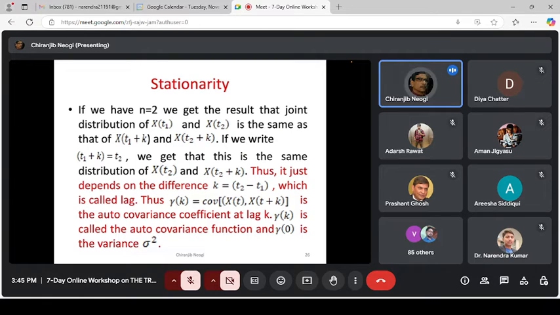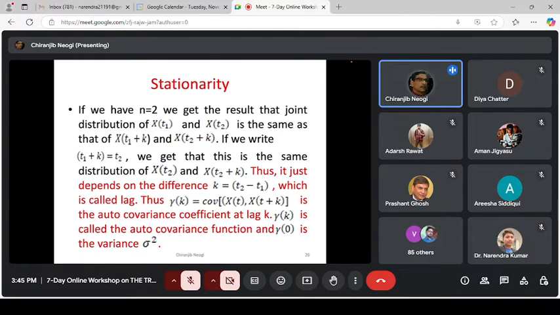Now, if we have two variables, two points, we get the result for n equal to 2, then we get that xt1 and xt2 are the same as that of xt1 plus k and xt2 plus k. Actually, in these distributions, as I have already said, on one axis I measure the time and on the other axis I measure the value of the variable.